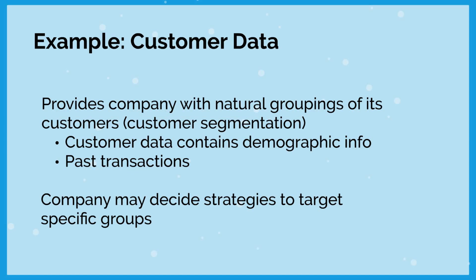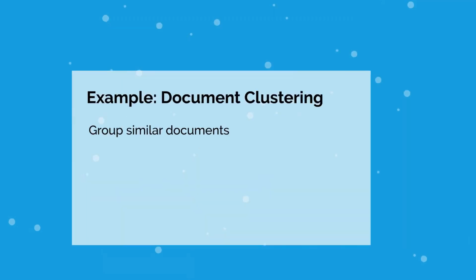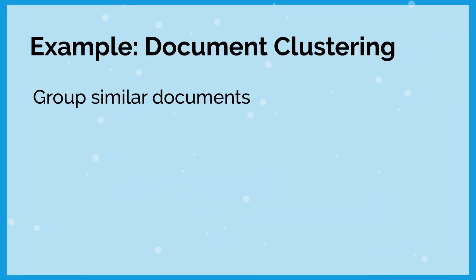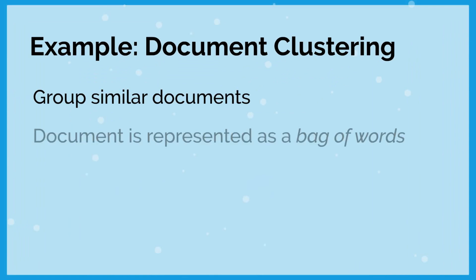Another example would be document clustering. And this is where we're going to try to group similar documents. So a document would be represented as a bag of words in this scenario. We're probably going to remove non-informative words such as of, the, a, and focus on more of the nouns and verbs that would occur.